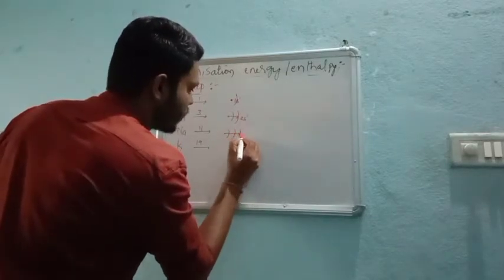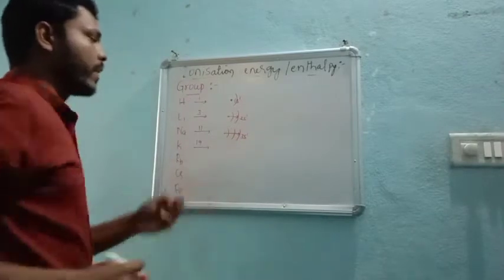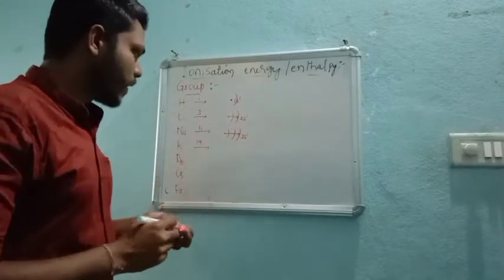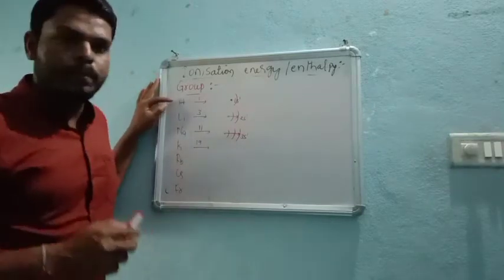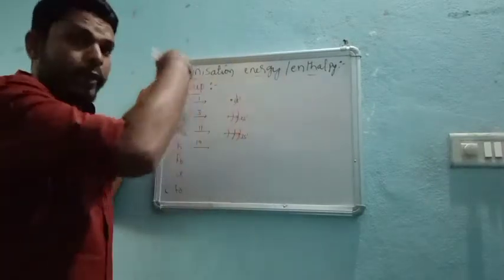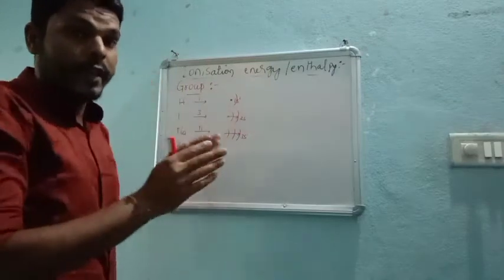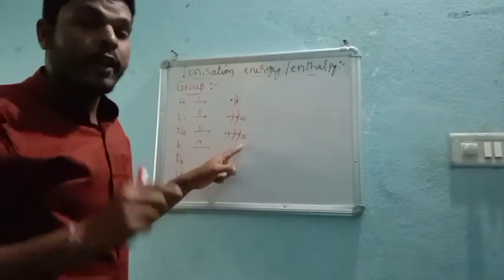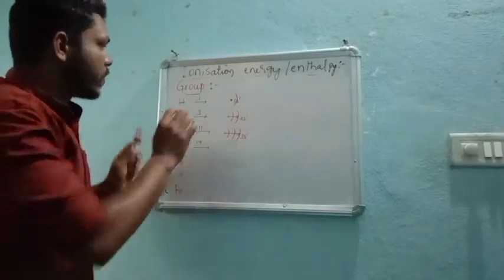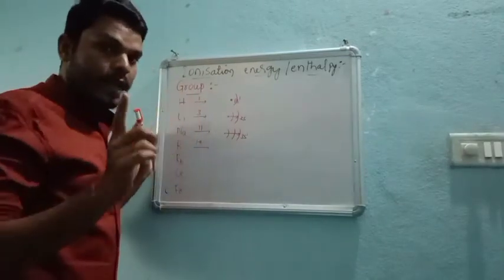In a very simple way I will try to explain. Now in a group, again you remember, atomic radius definitely increases. Why? Because electrons are moving into a new shell. So in a group, atomic radius always increases.